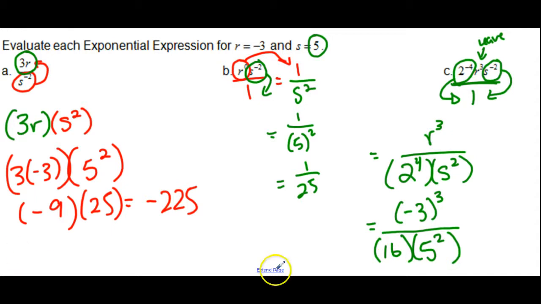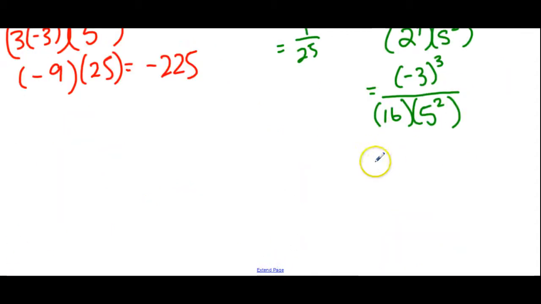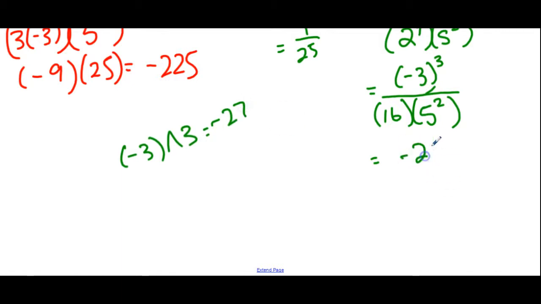So we have 5 squared. This top part, in your calculator, remember it's parentheses negative 3, parentheses, cubed. If you were to write that, it would look like this, that caret, and then that, alright? That's going to equal negative 27. So the top part is negative 27.